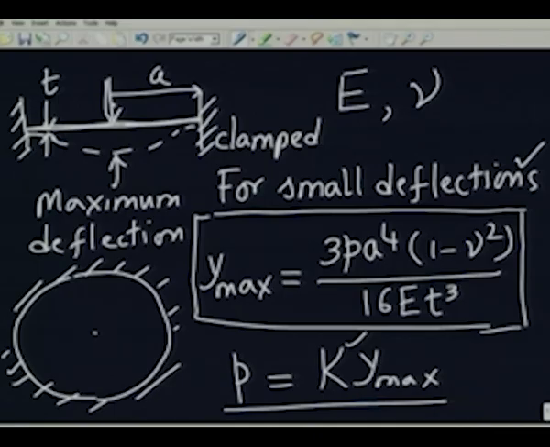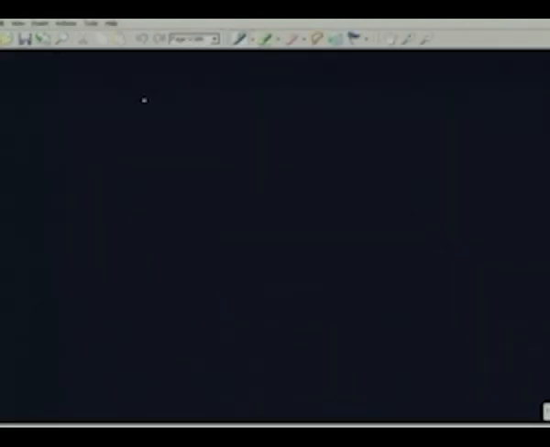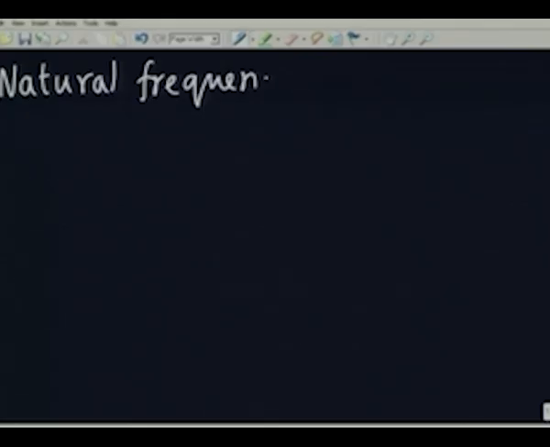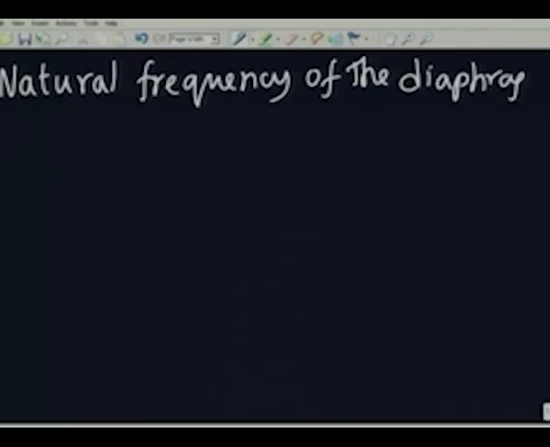So, let us remember that. The second formula I am going to give, which is going to be useful, is the natural frequency of the diaphragm. This will play a role in measurement of transient pressures, when the pressure is varying with respect to time.